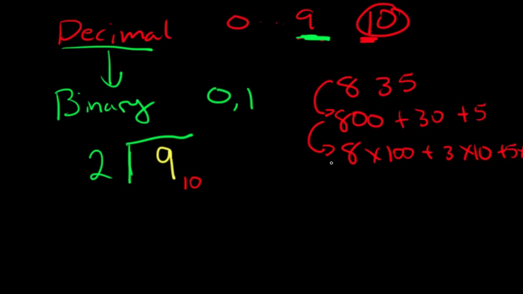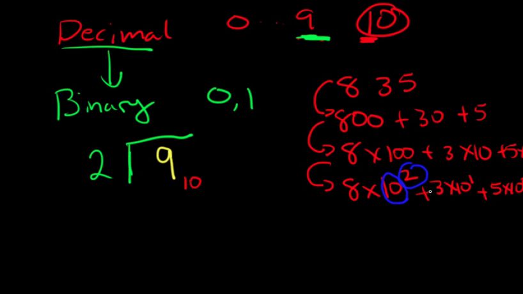And we can actually reduce this even further, which is the pretty cool thing about it. You get 8 times 10 to the second plus 3 times 10 to the first plus 5 times 10 to the 0. In algebra we call this number right here the base, and this number right here the exponent.